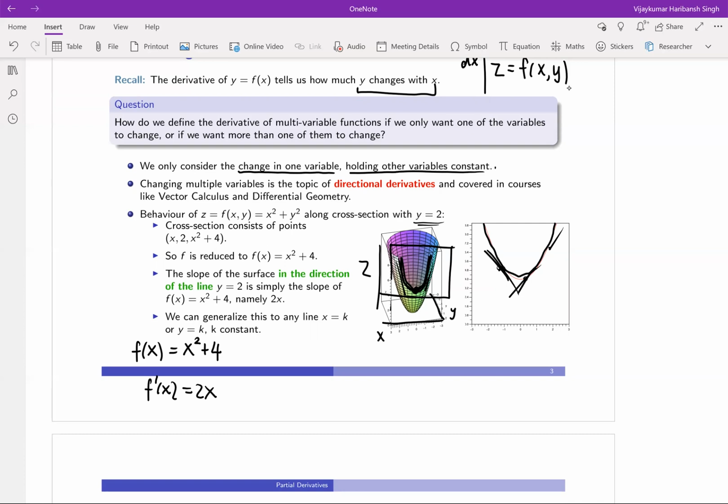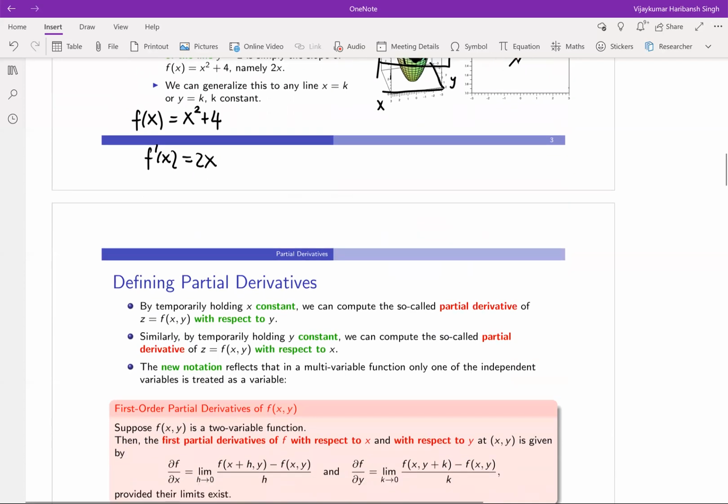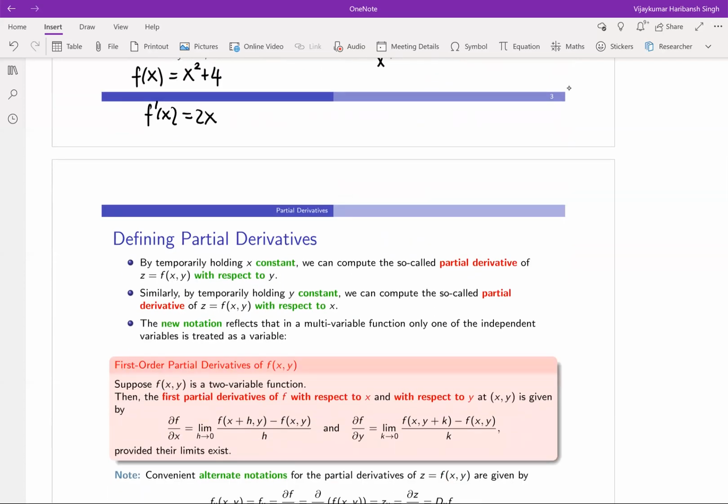So in partial derivatives, suppose you took y equals 2, a constant. Then you are fixing y equals 2, so y becomes a fixed variable. It doesn't change at all. It becomes a constant. So we can define the partial derivatives in the following way.